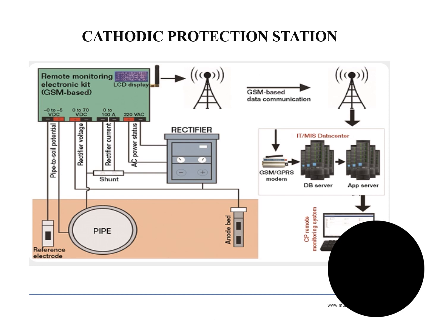From that we can also see the data of the CP station, whether this CP station is working or not, how much current is supplying to the gas pipeline, or what's the protection level of the CP station. So I'm also working on it.